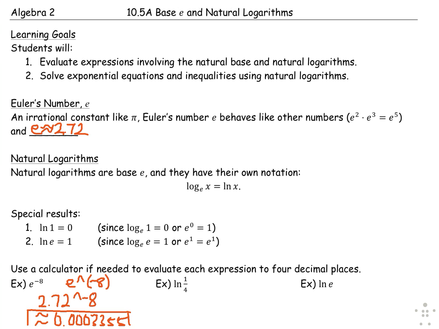That makes sense because the natural log comes up more than the common log. So hit functions, select natural log, and please don't read that as ln, it is pronounced natural log. Then put in the 1/4, close that, hit enter, and approximately your answer to 4 decimal places is negative 1.3863.